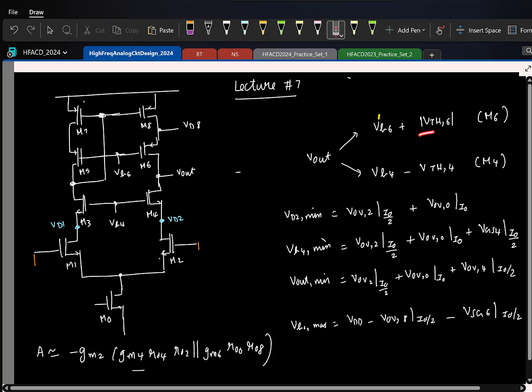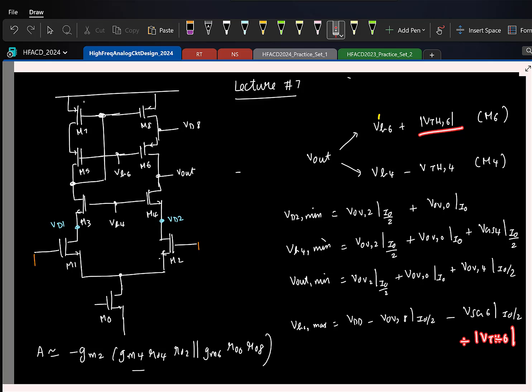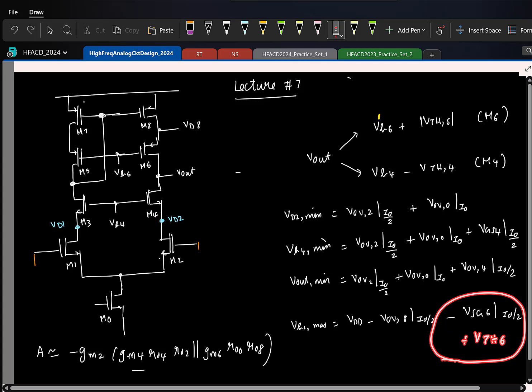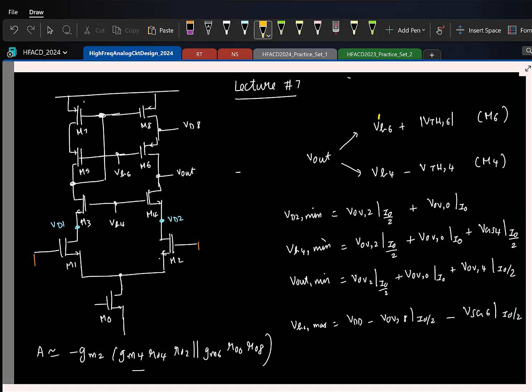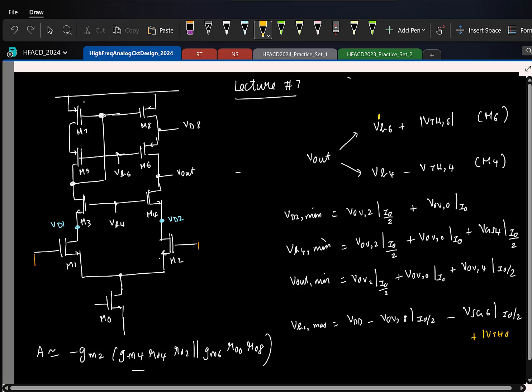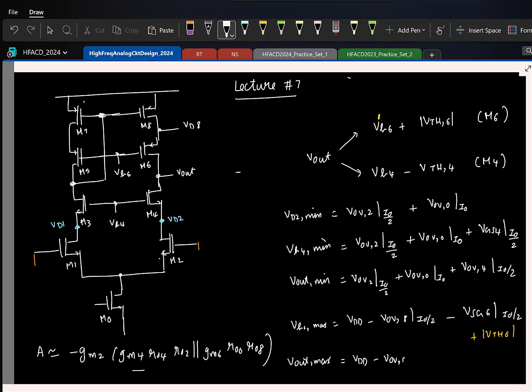So the maximum output is one threshold higher. If I add mod VT at 6, how can you simplify this? That is again another overdrive, so you can simplify it so that Vout max is VDD minus the overdrive of M8 at a current I0 by 2.